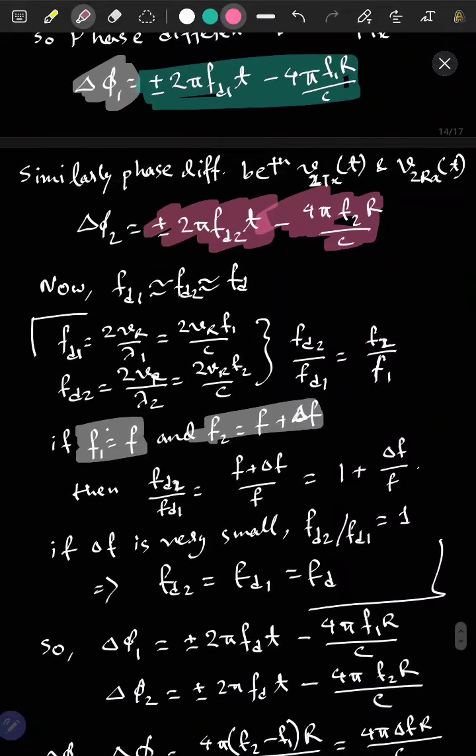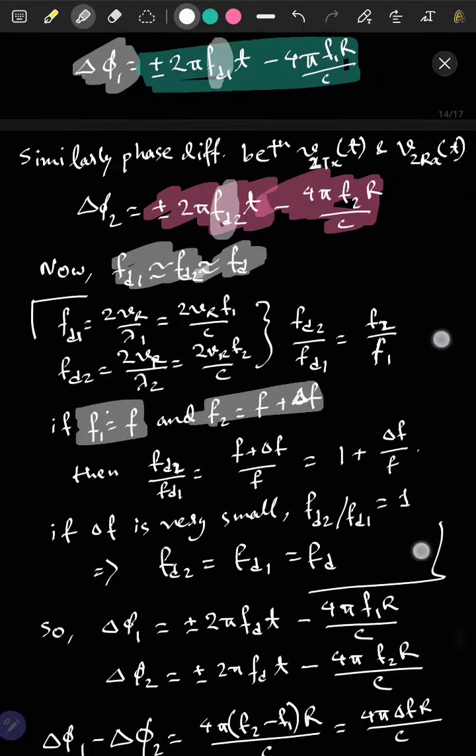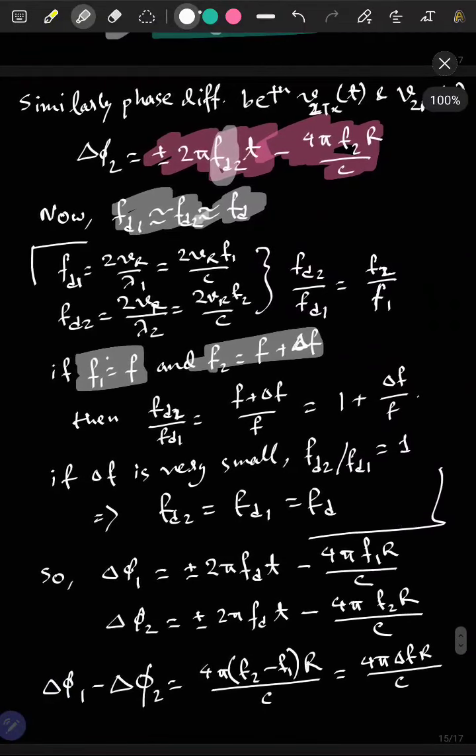But fd1 and fd2 are almost the same in value, so we can express them as fd. Let us see how these two are the same. Doppler frequency is twice v r by lambda. From that formula, fd1 equals twice v r by lambda 1 and fd2 equals twice v r by lambda 2. Thus in terms of frequency, twice v r f1 by c, and twice v r f2 by c. If we divide fd2 by fd1, it becomes f2 by f1.